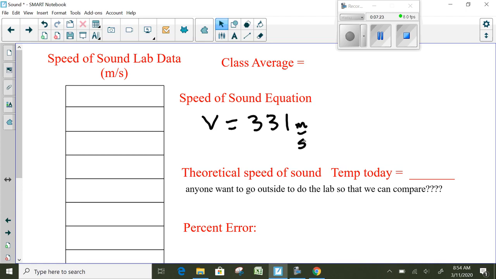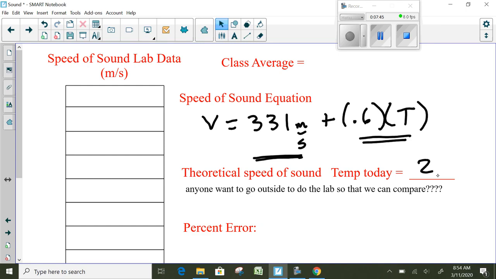If the air is warmer, it goes a little faster. It's 0.6 times the temperature in degrees Celsius. So if the air is 0, it travels 331, but for every degree that's warmer than 0, it will travel 0.6 meters per second faster.